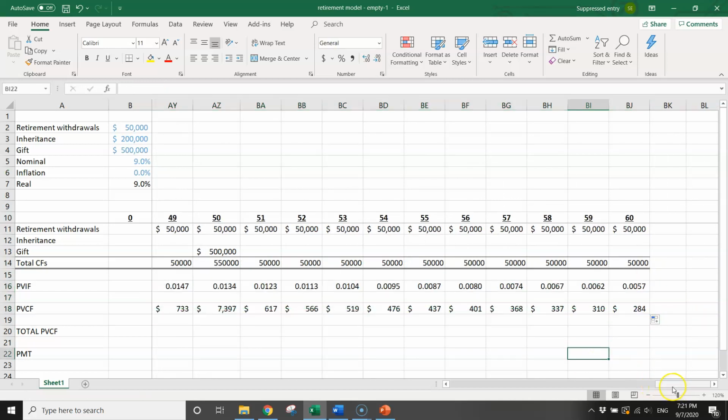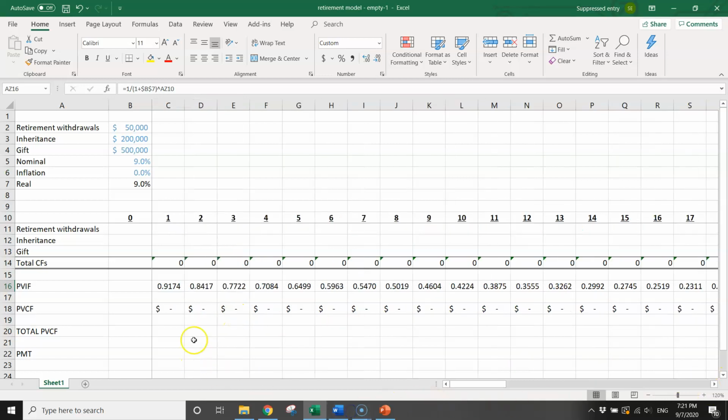What do we find? We find at year 50, the present value factor is as small as 0.0134, and the present value of cash flow is $7,397. Now we want to calculate the total cash flow for row 18.